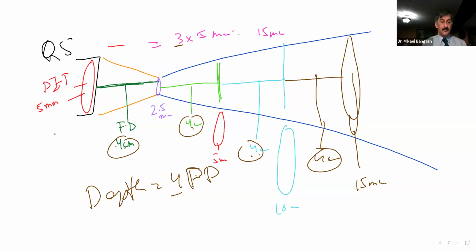So had we, for instance, said 2 times greater, then it would be at a depth of 3 focal depths.